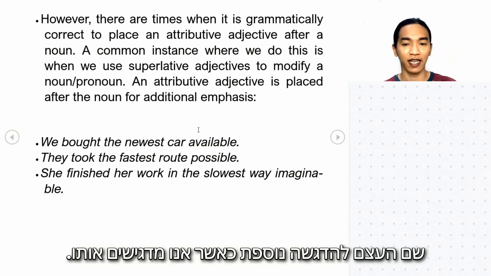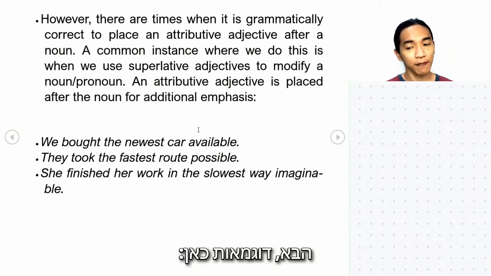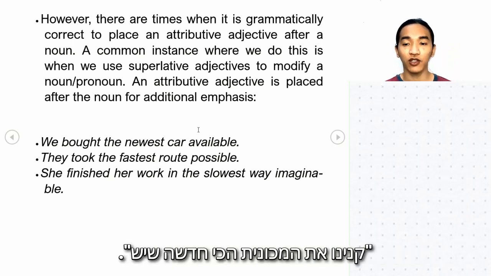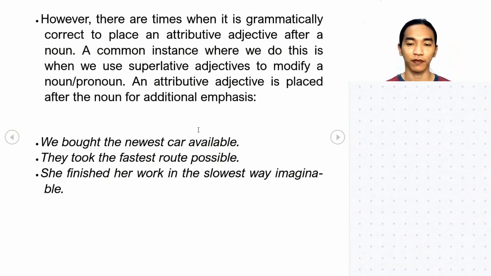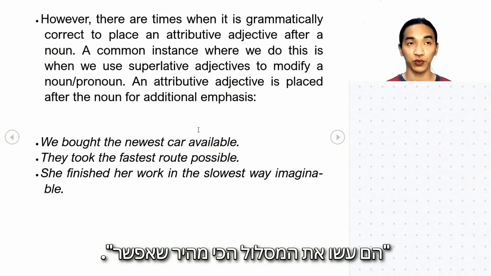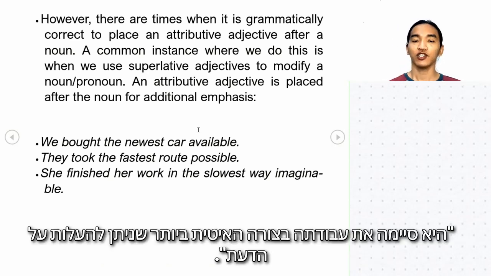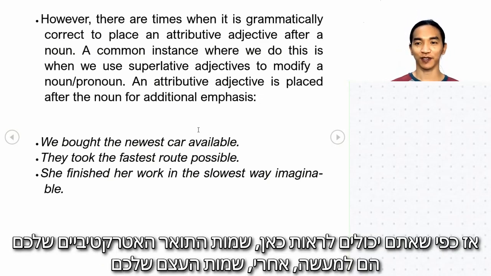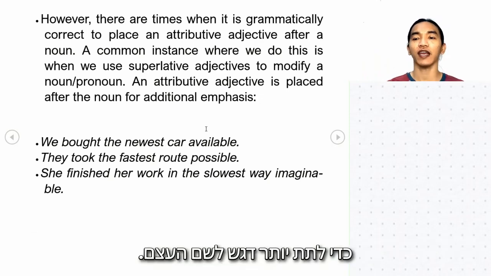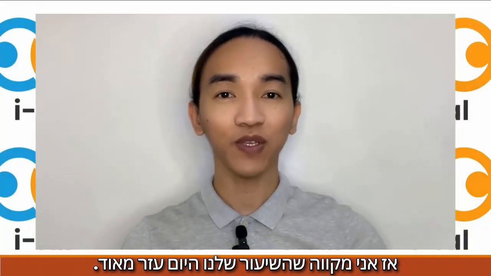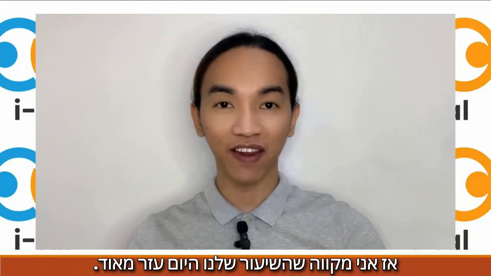Next examples here: we bought the newest car available. They took the fastest route possible. She finished her work in the slowest way imaginable. As you can see here, your attributive adjectives are actually after your nouns to give more emphasis to the noun.